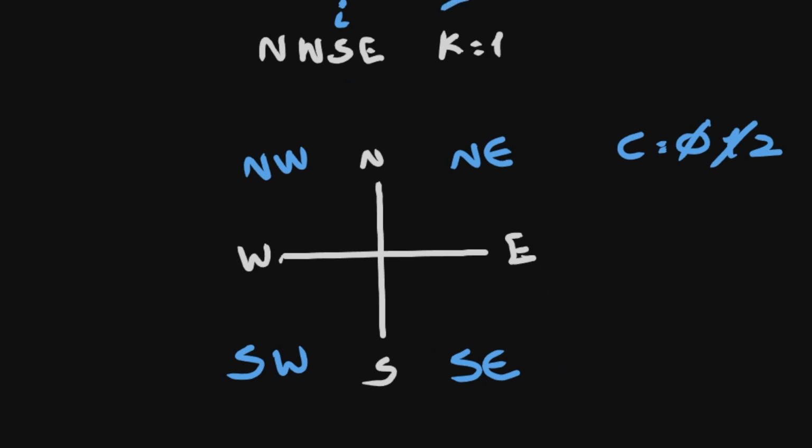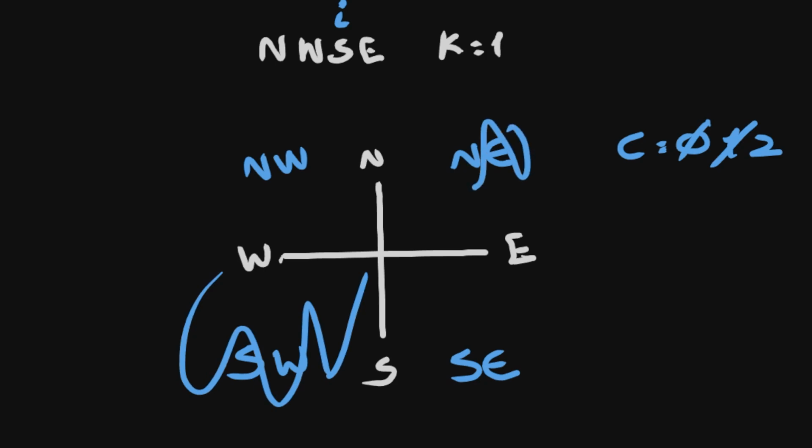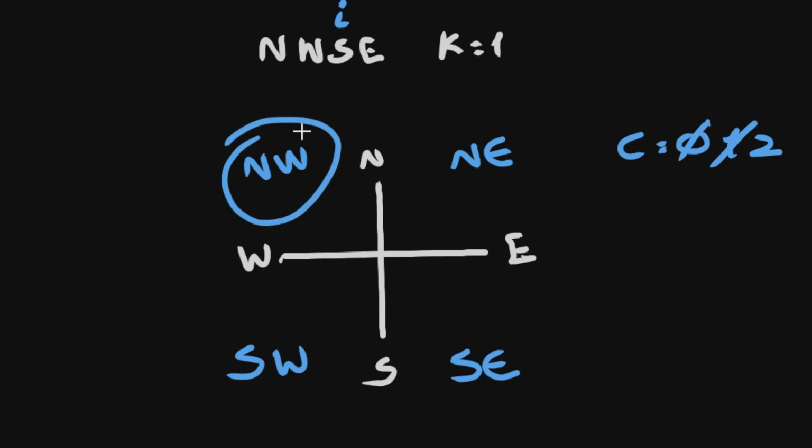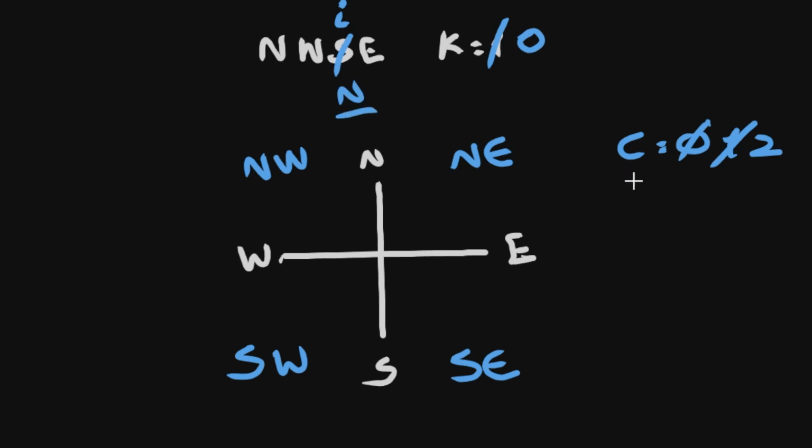But we have 1 k, and we don't care about this anymore. We only care about this and this, so we can use this k right now. So k is now 0, and we transform this into north, and now we can add 1 to the count because north is here, so now the count is 3.